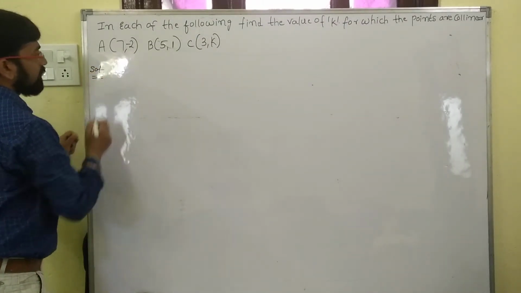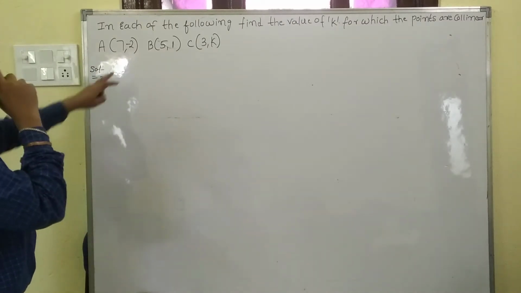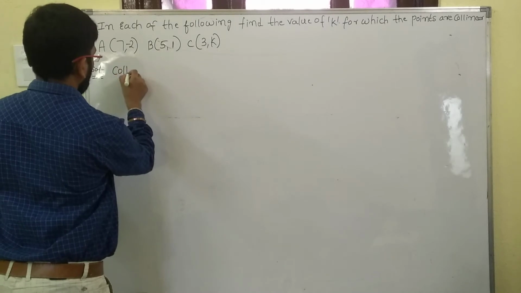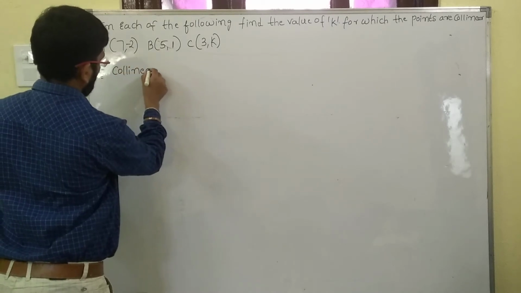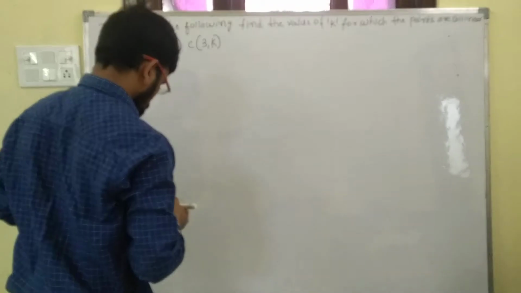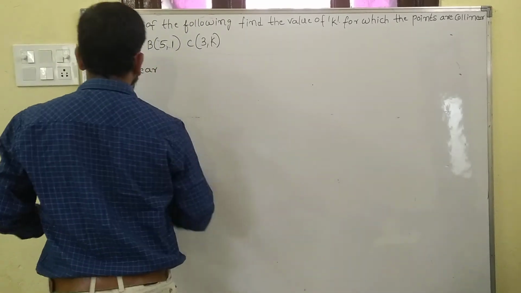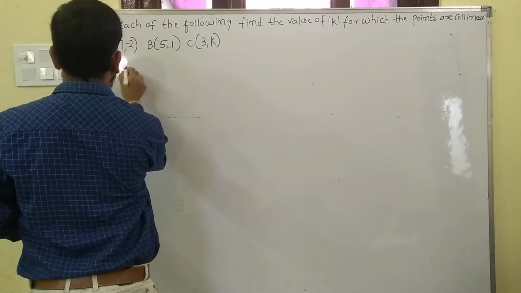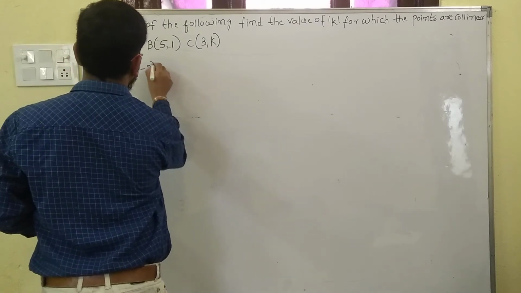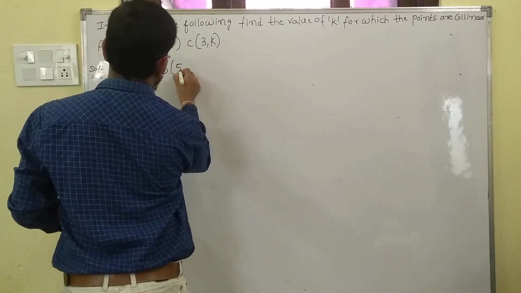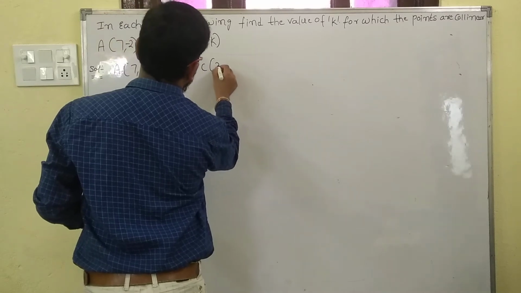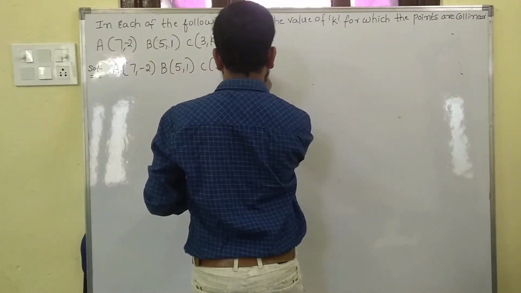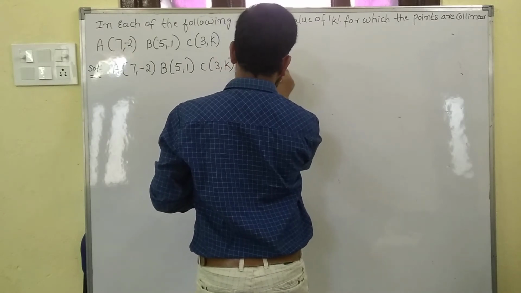Okay, the collinear condition for the given points. Let us write the given points A (7, -2), B (5, 1), C (3, k). These are the given points.